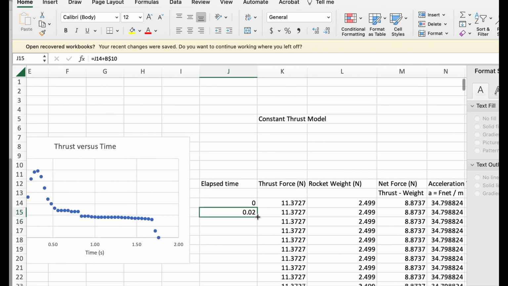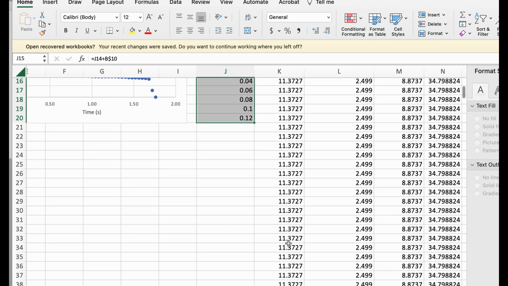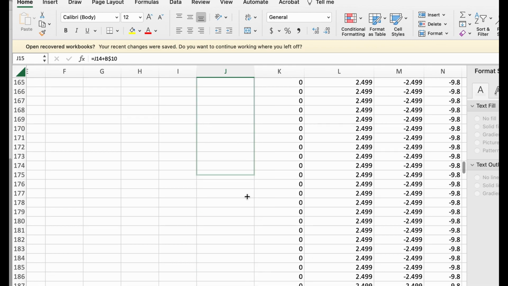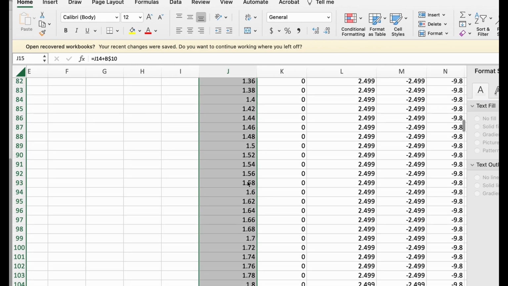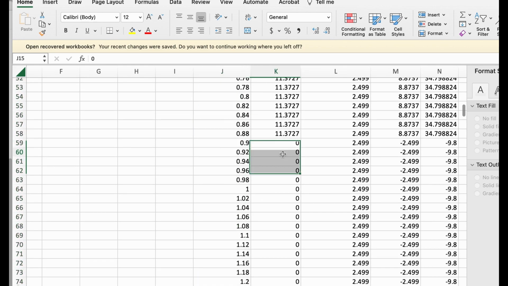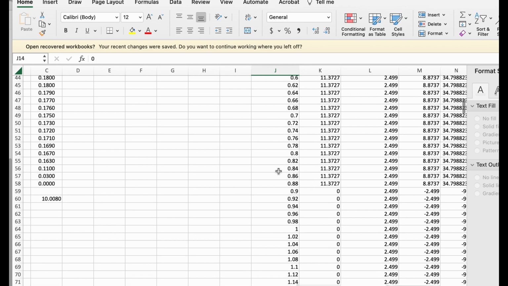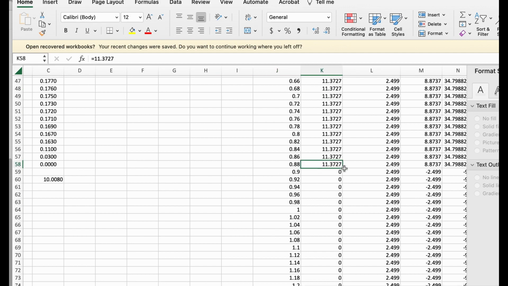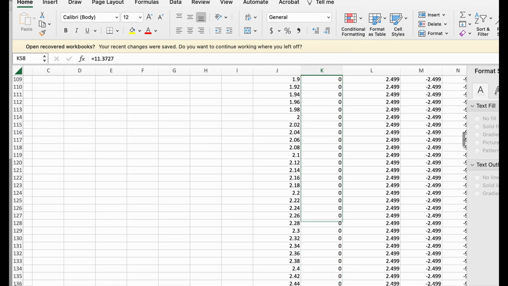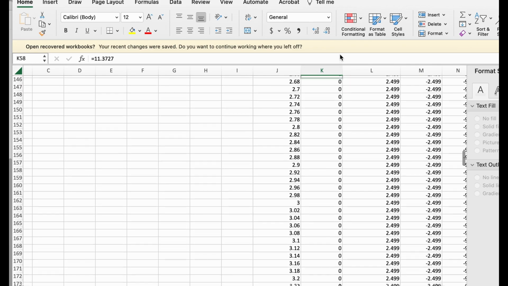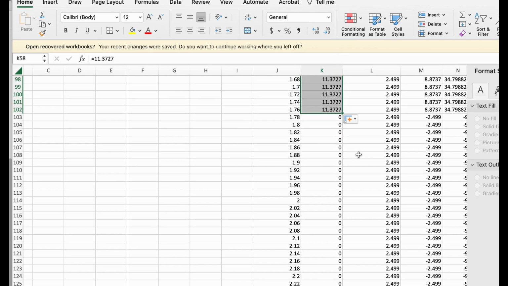So I'm trying to get like clock values here from the start of the launch. So the problem is we can see that we can't really cut off the thrust here at 0.88. That's not valid. See, we've got to go farther. We've got to go all the way to 1.76. All right, so I'm just going to copy this down until we get to 1.76 now. Then we'll cut off the thrust.